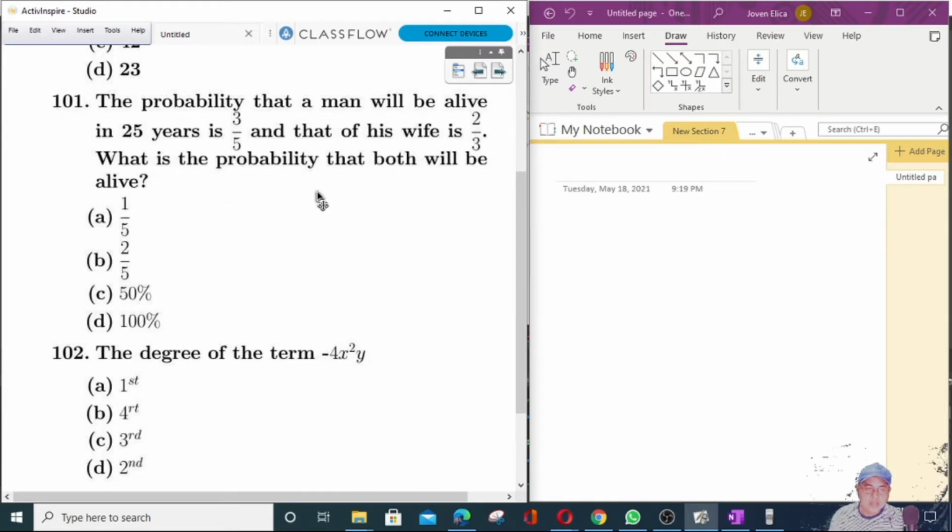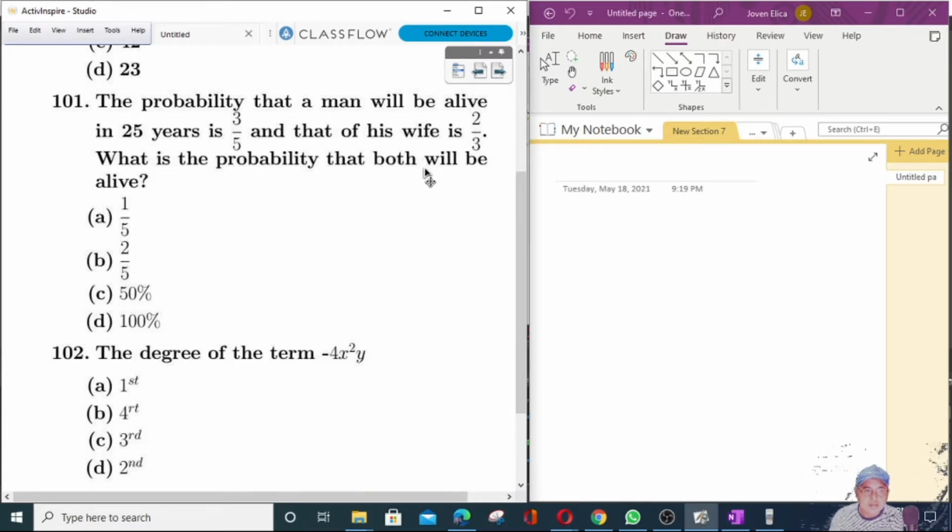So this probability obviously tells us that this is an independent event, because man and wife are not dependent. The man is not dependent on his wife's life, and the wife is not dependent on her husband's life. They will be alive in 25 years, but they are independent.